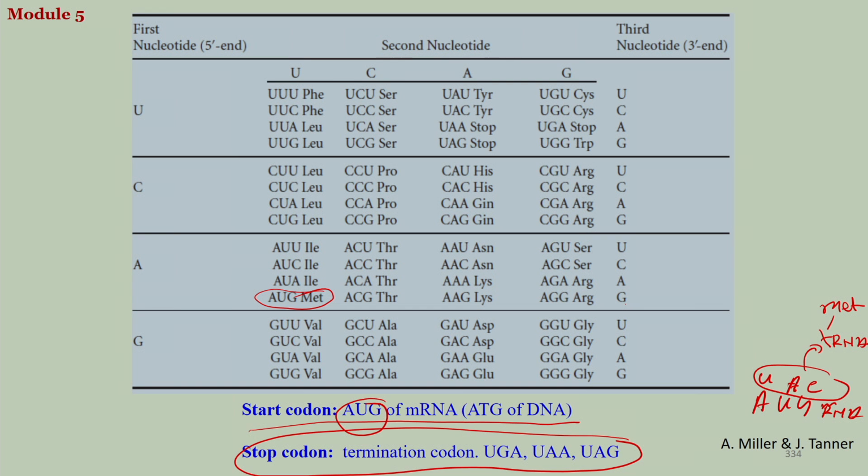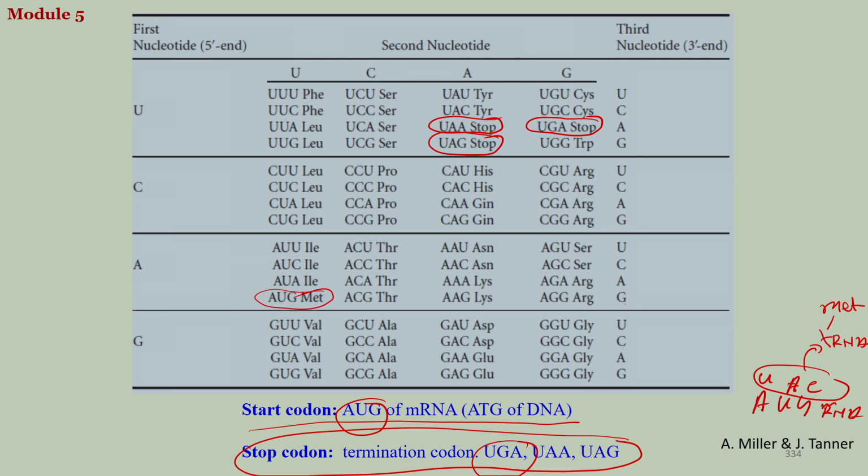If any one of them is present in the mRNA, when that sequence is reached, then there will be no further reaction. UGA is a stop codon, UAA is a stop codon, UAG is also a stop codon. So, these 3 are the stop codons. So, you have to remember, whenever you stumble upon these sequences, then your amino acid synthesis will stop.